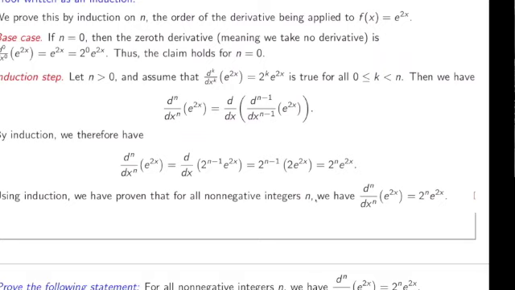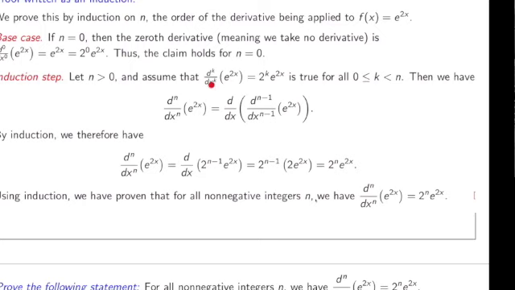Okay, and then next up is what's called the induction step. We've already handled the case of the smallest value for n. Now we consider all other values of n, bigger than 0. And the induction hypothesis is we're going to assume that this statement holds for all values of k less than n, n bigger than or equal to our smallest value.